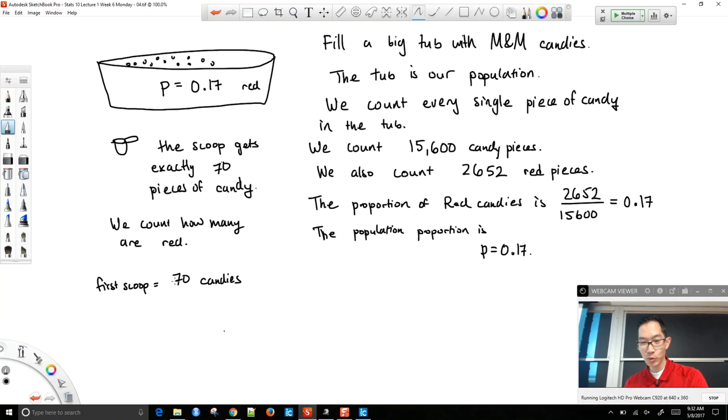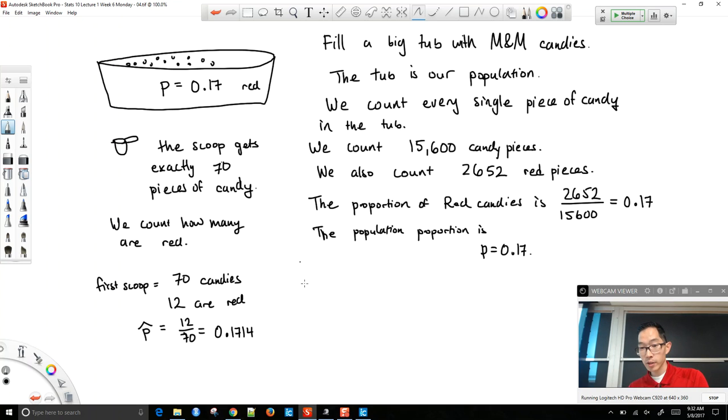Let's say 12 are red. So therefore my p hat, my sample proportion, is 12 divided by 70. This is not a nice number, but it's what we get. 0.1714. So that's one p hat that I get.